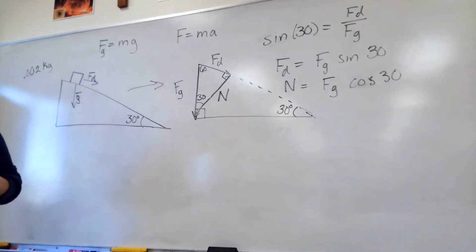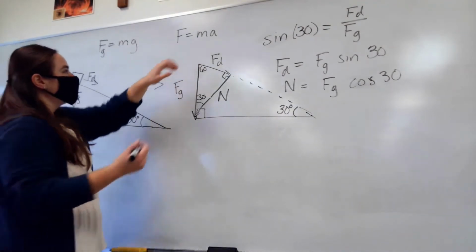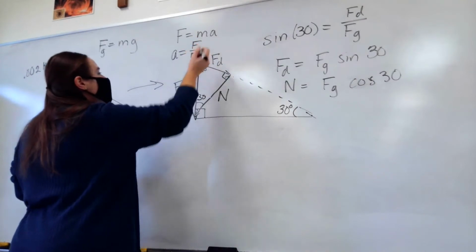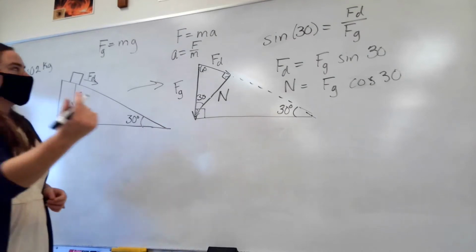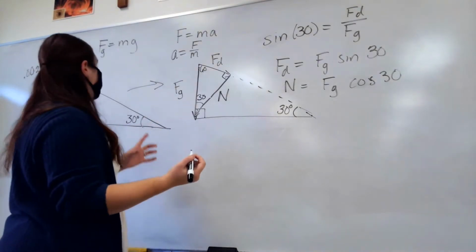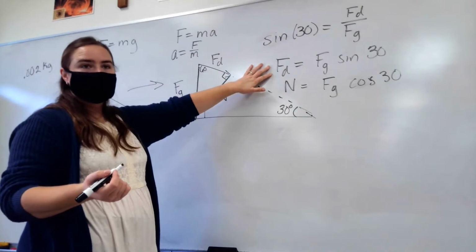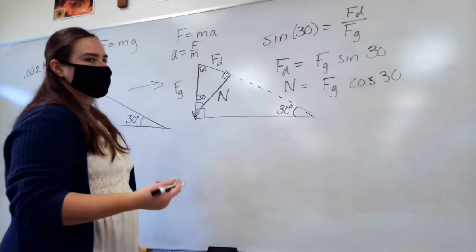So we want to find our acceleration, like I said, so we'll solve this for acceleration real fast. Good. And we already have an expression for force down the slope. So we're going to sub this in for F here.